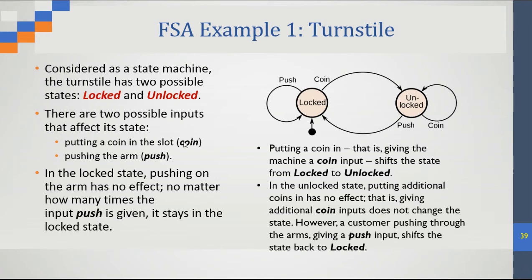This turnstile machine has two states: the first state is locked and the second state is unlocked. If you come and push the arms, it will not open unless you put the coins. Once you put the coins, the system will shift from the first state, locked, to the unlocked state. This is the first example of our finite state machine.